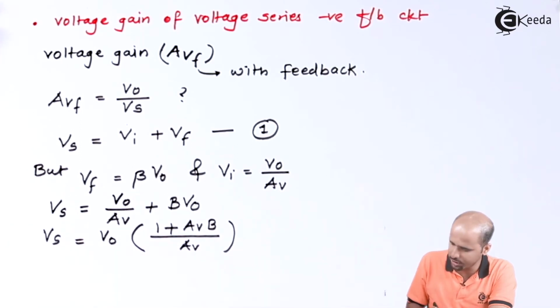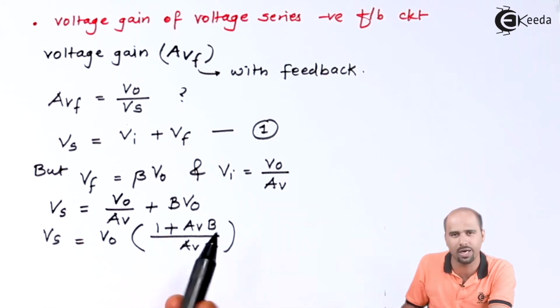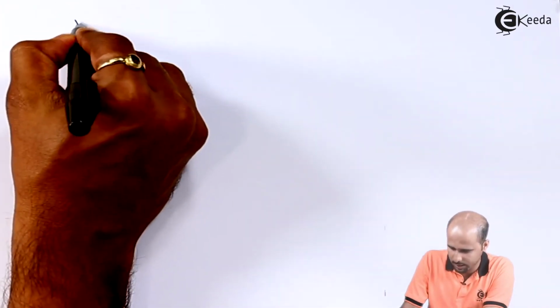So whatever we have got is in the form of Vs equal to Vo multiplied by some constant value, some parameter in the form of gain parameter. Let us get that voltage gain in the last step.